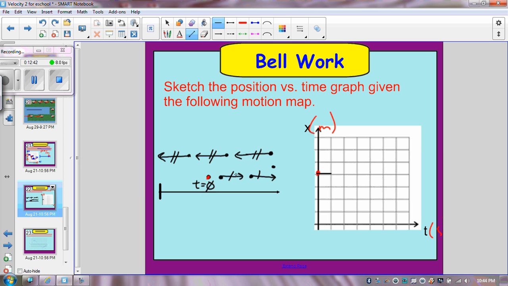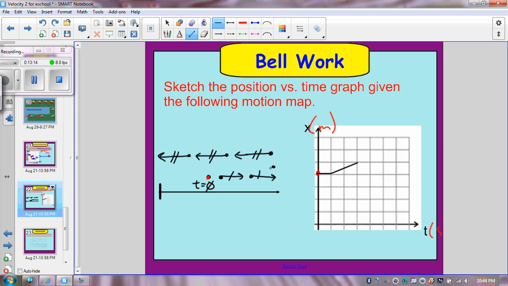Then it looks like for the next 2 seconds the object has some velocity. Now the velocity here is going to be less than what it is later on, so I want to keep that in mind. Maybe I'll make my velocity kind of shallow. So for the next 2 seconds, let's say my velocity is about right there. Okay, so 1 and 2 seconds, the object is moving, and it's moving in the positive direction. Notice the arrows are facing the same way as the positive direction here, so I know it's a positive slope.